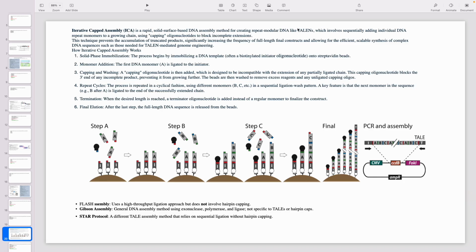So iterative capped assembly involves sequentially adding individual DNA repeat monomers to a growing chain, using capping oligonucleotides to block incomplete extension.